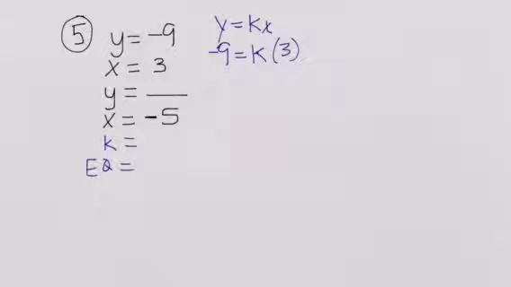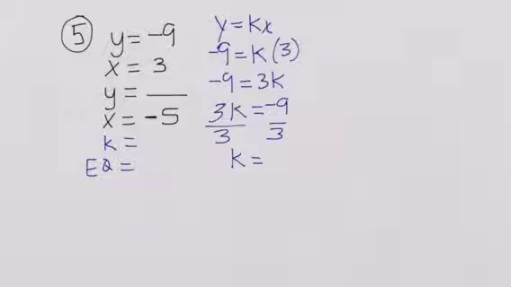So now we're going to have -9 is equal to 3k, as we're solving for the constant of variation. We're going to do symmetrical. 3k is equal to -9. Divide by 3, divide by 3. K is going to equal -3. So now we know our constant of variation is -3.